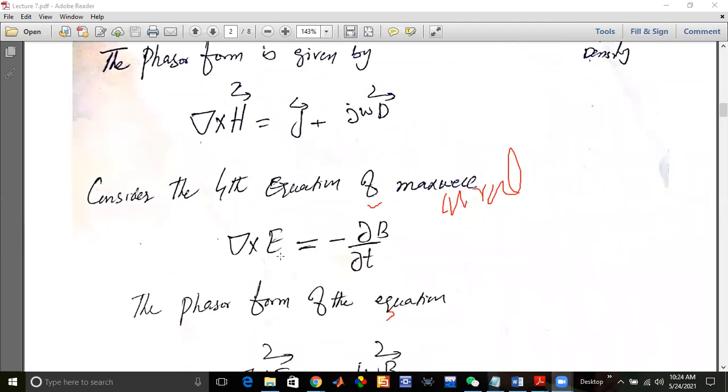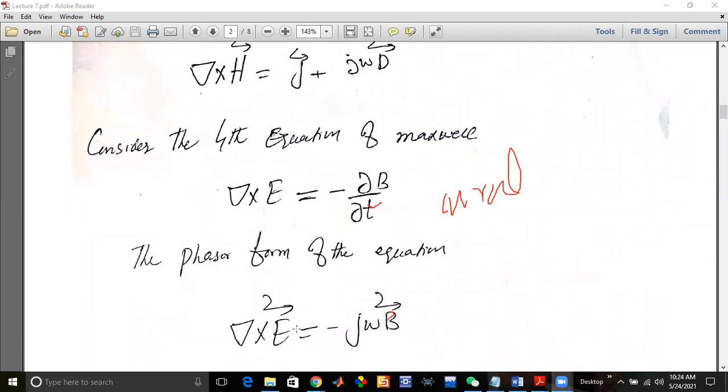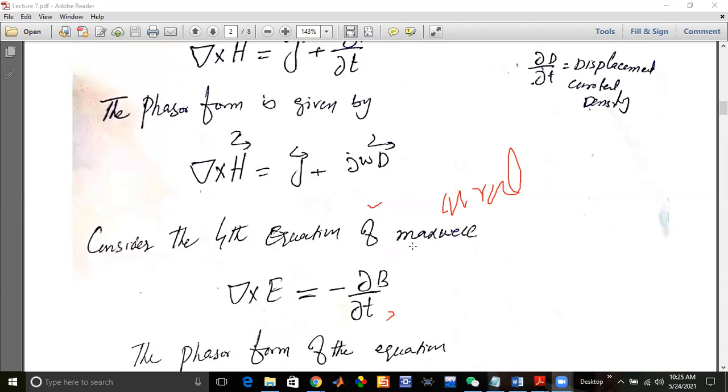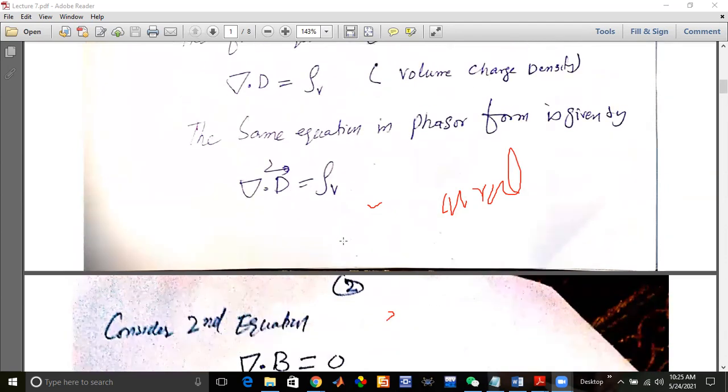So the phasor form of this equation is curl of the E, and this E is in phasor form, equal to minus j omega, and we will write the B in phasor form. So this equation shows the phasor form. So there are four equations, and we write these four equations in phasor form. The first equation was that the divergence of the D is equal to volume charge density, and this is in phasor form.